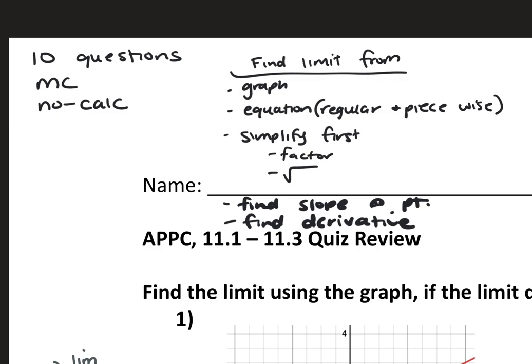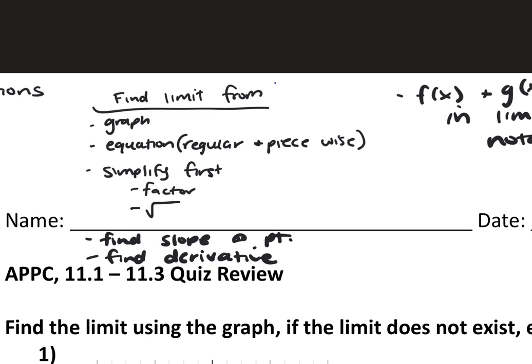The types of questions you're going to see would be from 11.1 and 11.2 initially, okay? That is how to find the limit from a graph, from an equation, and that equation could be regular or piecewise. Using direct substitution for the equation part, okay?